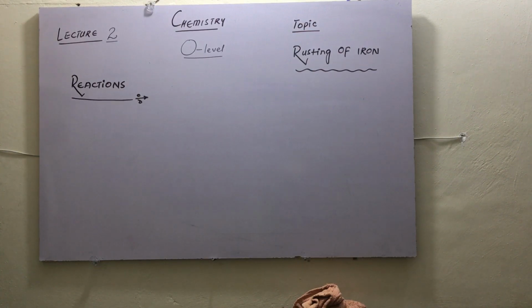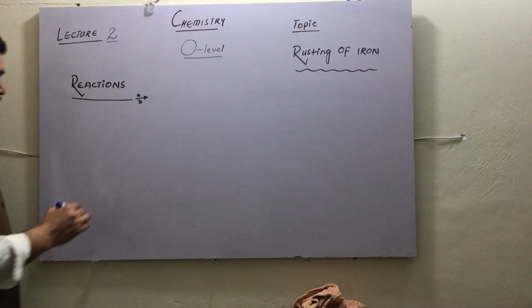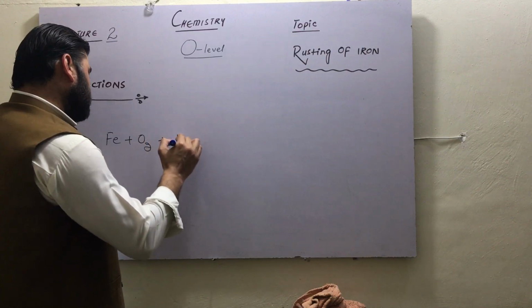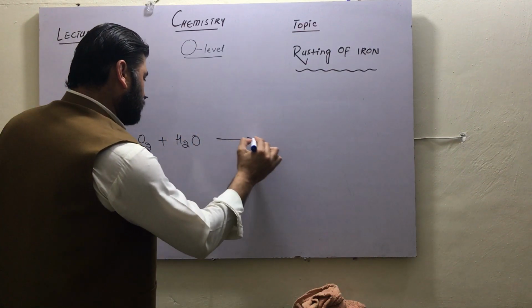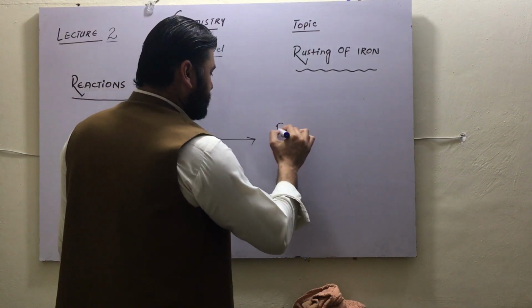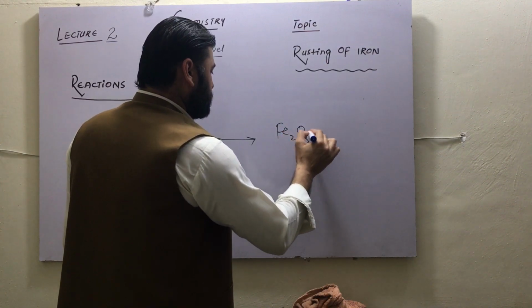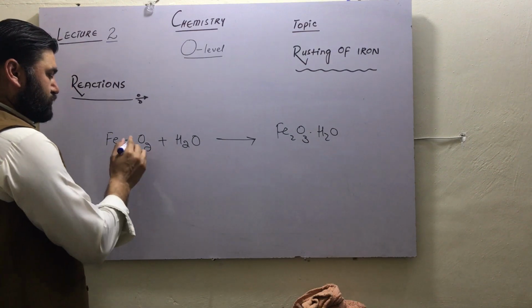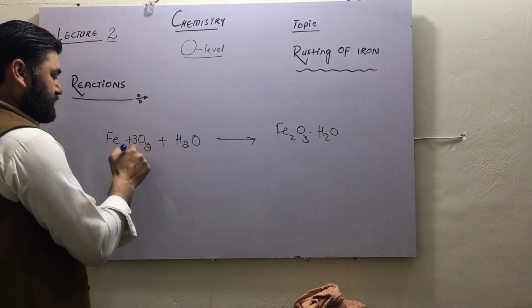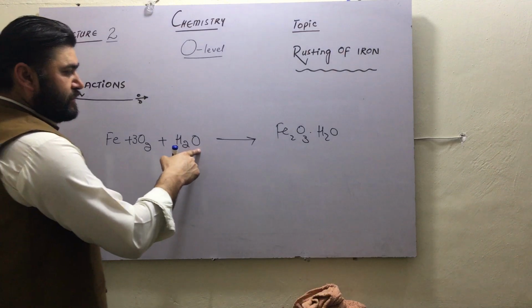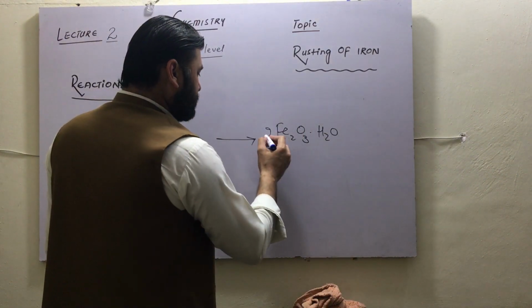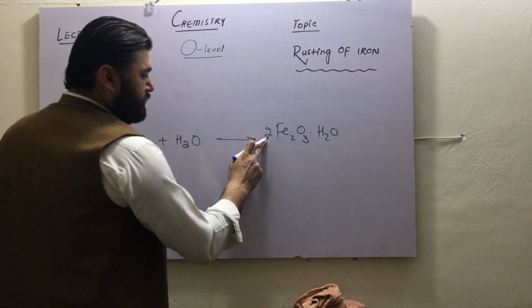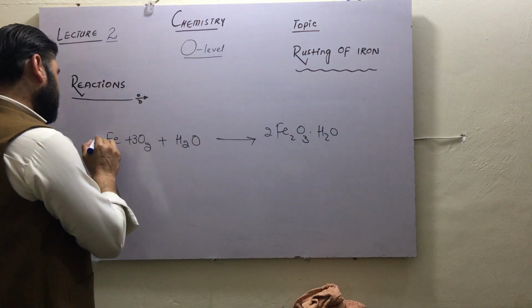So what is the reaction? Reaction is very easy. Let's see. This is iron, this is oxygen, and it reacts with the water. So it forms Fe2O3.H2O, that's the formula of rust. Now see, oxygen is 3 on one side and 2 on the other, so we can balance it, just multiply it with 3 and 2, so 3 to the 6, oxygen is balanced. Now what about the iron? Iron is 4, so we multiply it with 4.